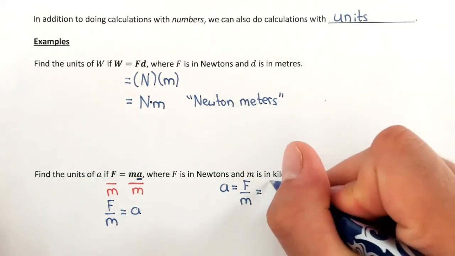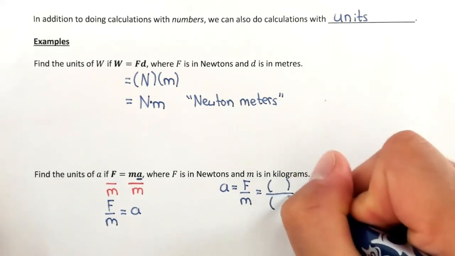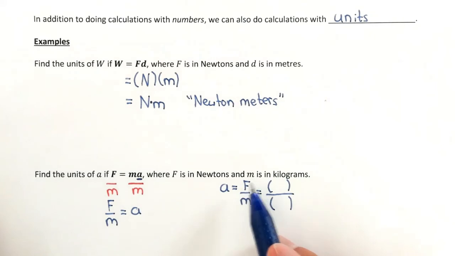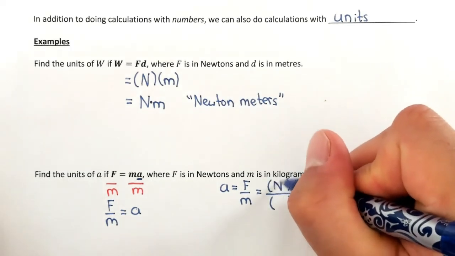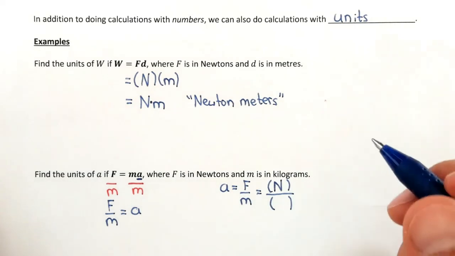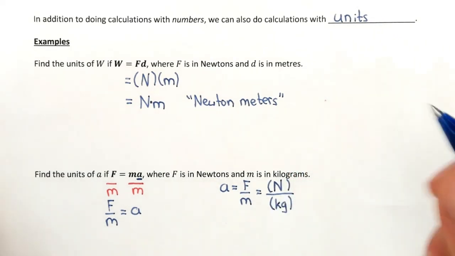So again, if I wanted to know a number for a, I'd sub in a number for F and a number for m. But because I want to know the units for a, I'm going to put in here the units for F and the units for m. F is in newtons, m is in kilograms.